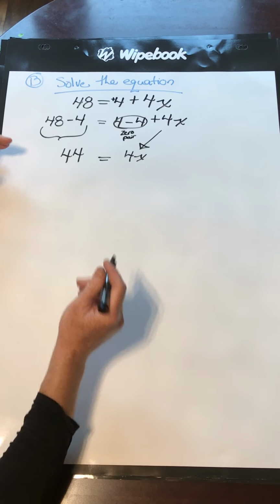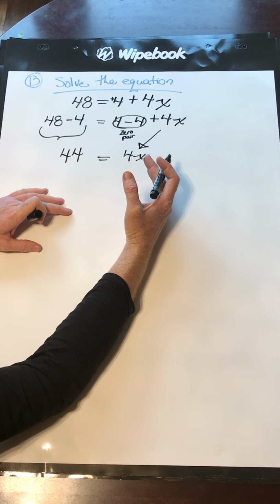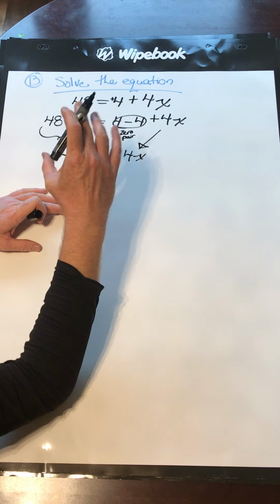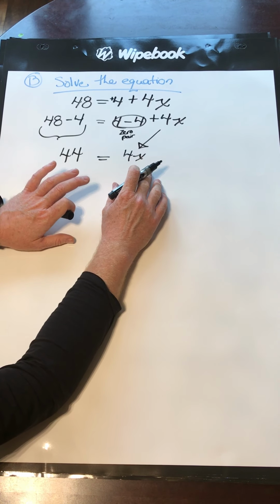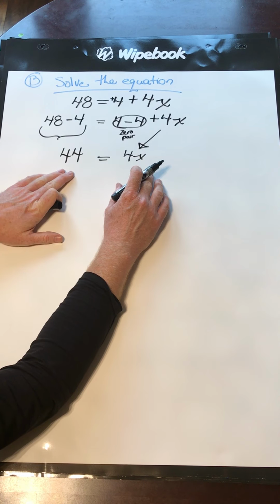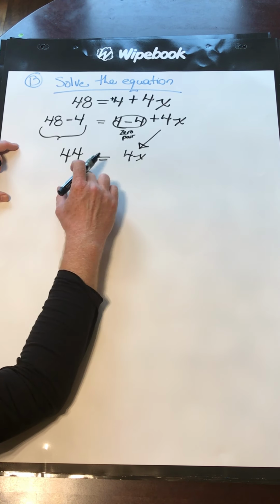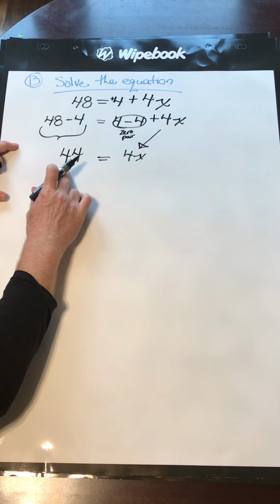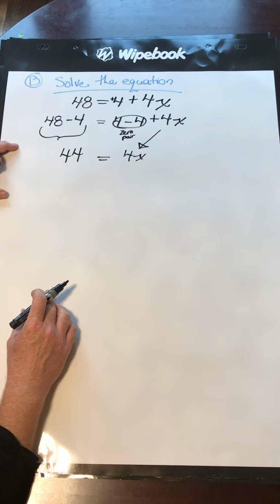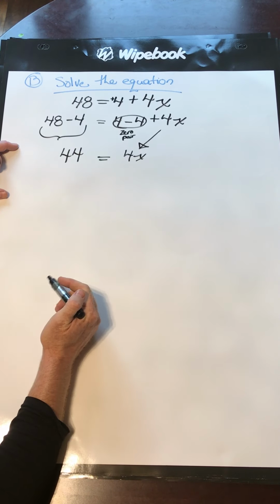So I look at my equation. Do I have all the variables isolated on one side? Yes, because I have 4x. Do I have all the integers on the other side? Yes, I do, 44. So now we know that 44 is equal to 4x, or 4x is equal to 44, but we don't want to know what 4x is equal to. We want to only know what 1x is equal to.